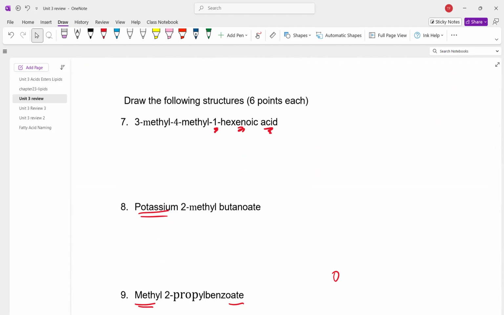Let's draw this the way it's written. Okay, so 6 carbons long, right? And let's draw it using the line here. We have 6 carbons. 1, 2, 3, 4, 5, 6.